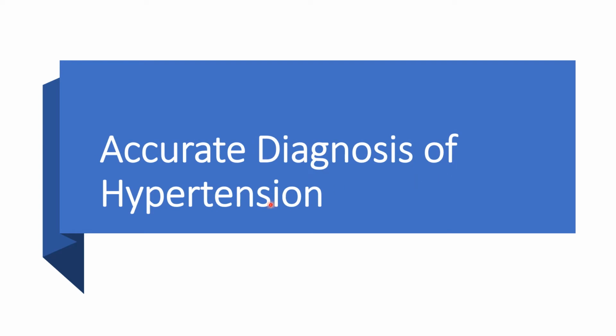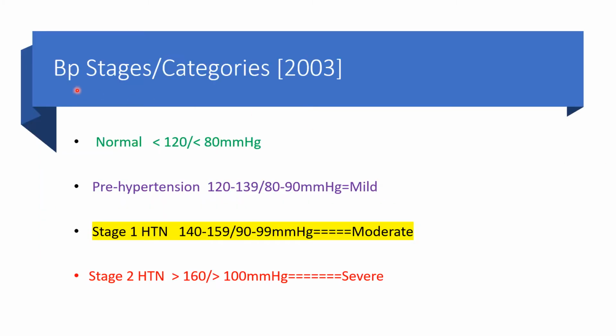Now, accurate diagnosis of hypertension. Okay, blood pressure stages and categories, 2003. Normal value as far as the 2003 guideline is concerned is anything less than 120 over anything less than 80 millimeters of mercury. Pre-hypertension at this time was 120 to 139 over 80 to 90 millimeters of mercury, and that would be termed as mild.